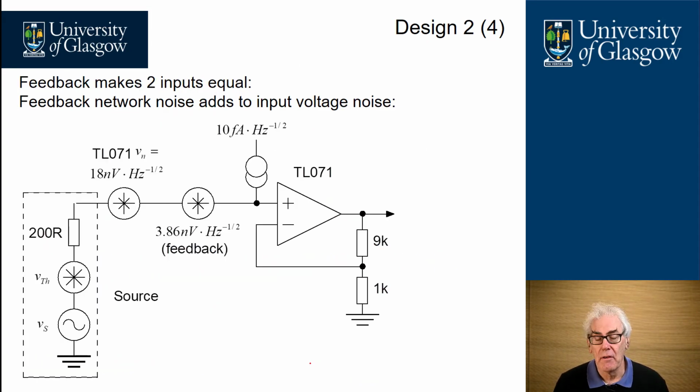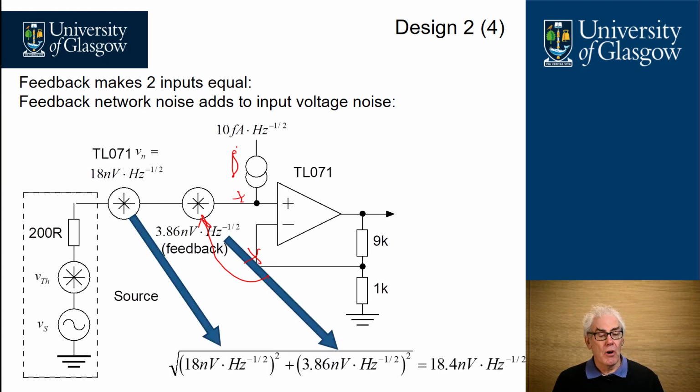Based on conventional op-amp theory, we know that whatever happens at the inverting input will, through the virtual earth principle, appear at the other input, so we can effectively take the noise source from the negative input and place it in series with the other input of the non-inverting amplifier. And we still have a noise current flowing into the non-inverting amplifier input.